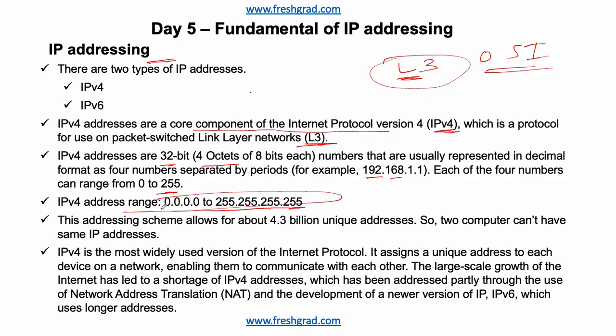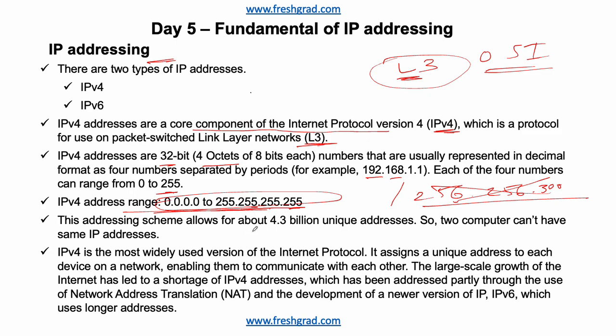This is the range. So if you see anywhere an IP address with 256 or 300, no, it's wrong. It cannot be an IP address, because this is the IPv4 address range.